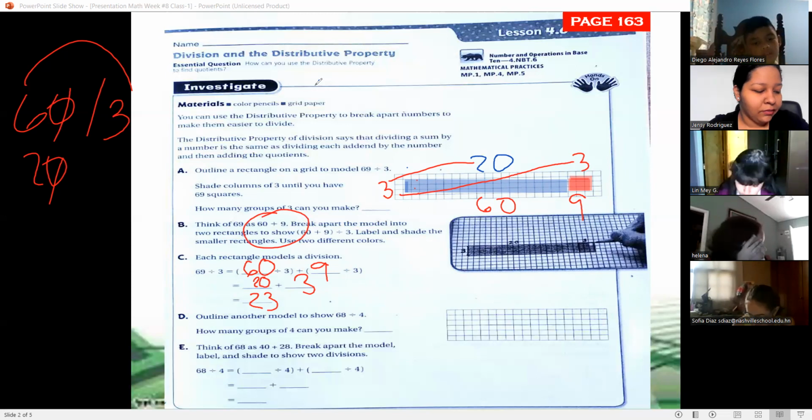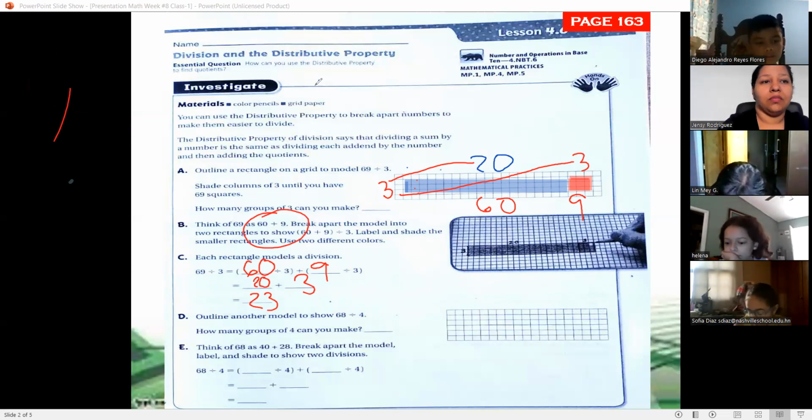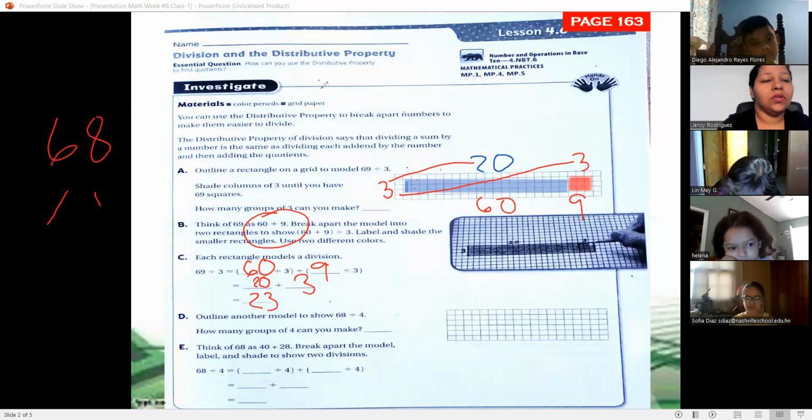So I can remember that we can break apart numbers in different ways. I have 68. So how can I break apart 68?